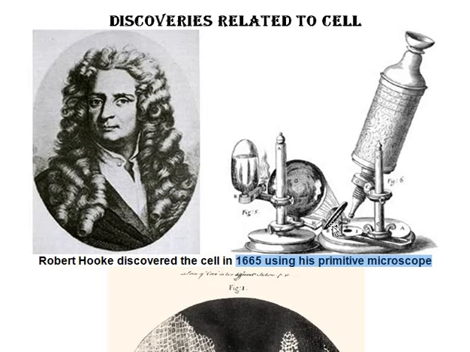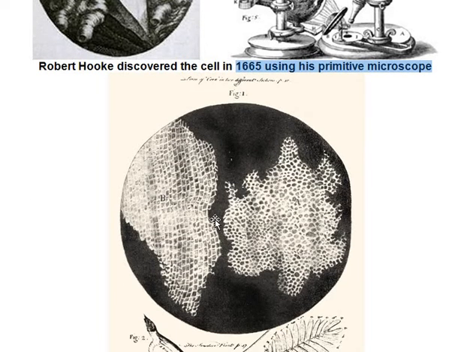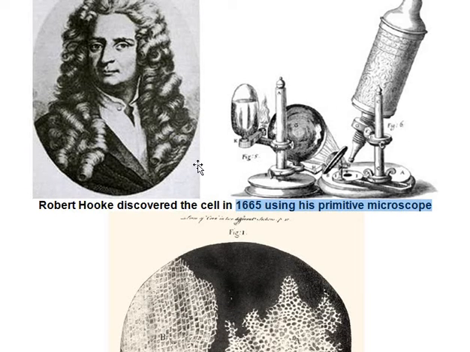He studied the piece of wood which he called cork, under his primitive microscope, and he found tiny compartments, honeycomb like structure, and he named these compartments cella. Cella means tiny compartments, which we later called cells. So that was Robert Hooke who discovered the cell for the first time in 1665.